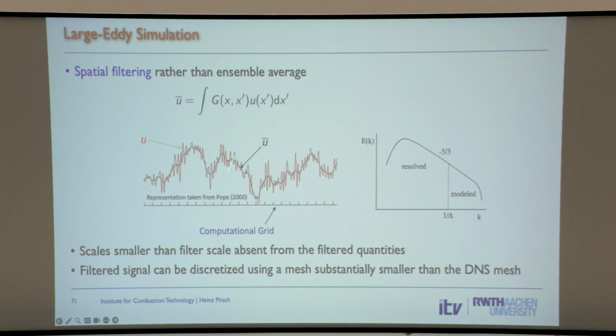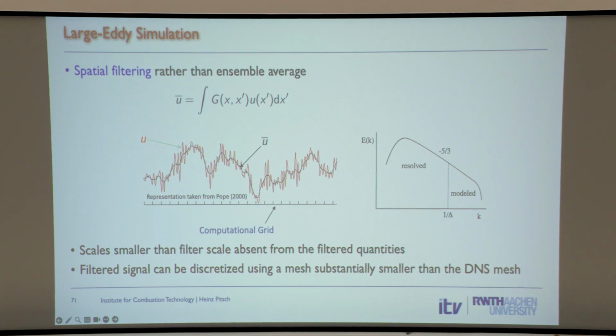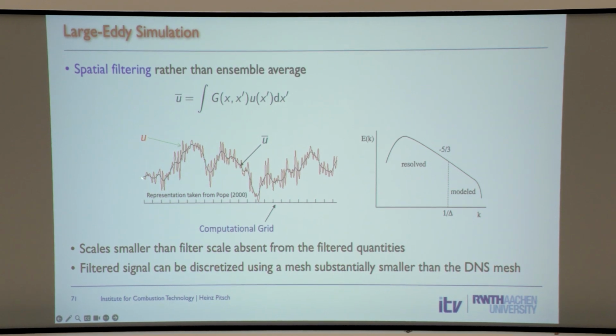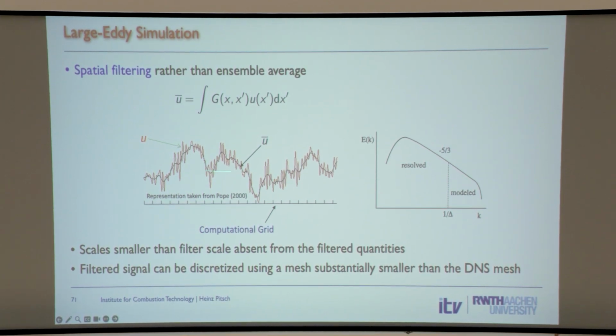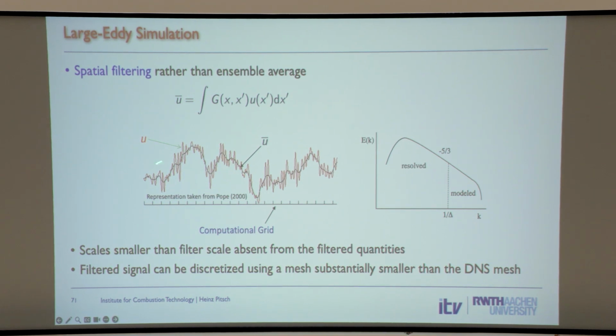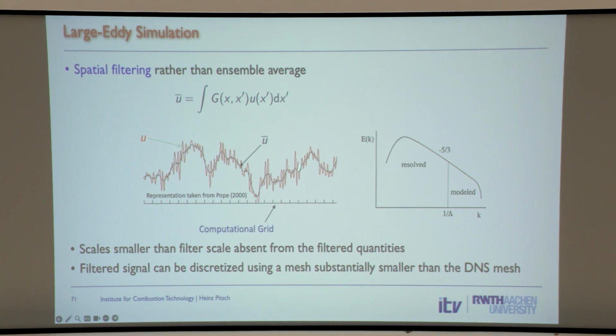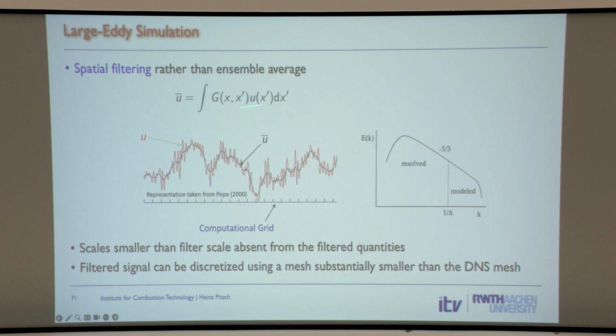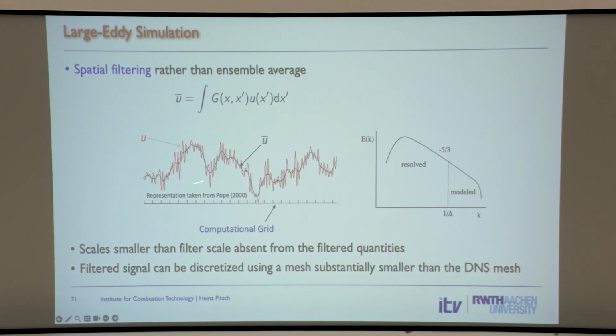This here shows the red signal. It's just a sketch, but it shows a turbulent flow. It would be a measurement in one direction, a velocity measurement as a function of x. If you want to resolve this, you need a super small mesh to resolve all these fluctuations. That would be DNS, but here we apply a filter over this, and then you get the black signal.